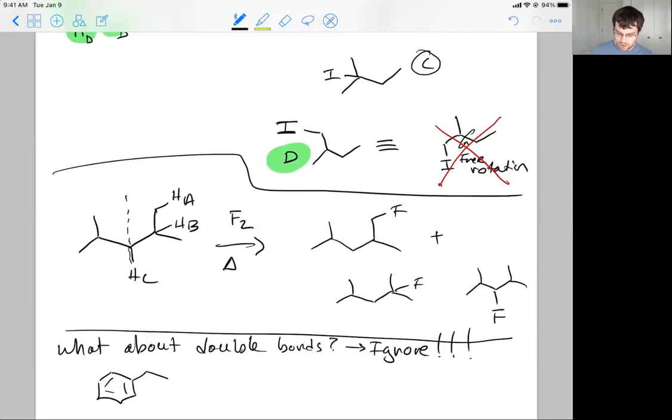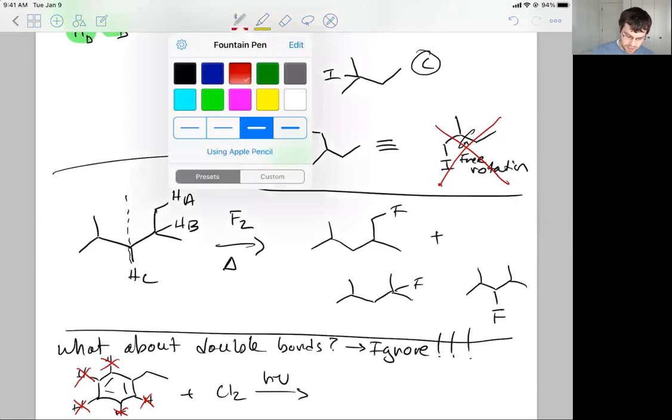and you react this with Cl2 and light. The Cl2 and light, that's not necessarily a change. But I get it. There's a bunch of H's here, here, here, all around this benzene ring because it has alternating double bonds and single bonds. None of those participate in the reaction.